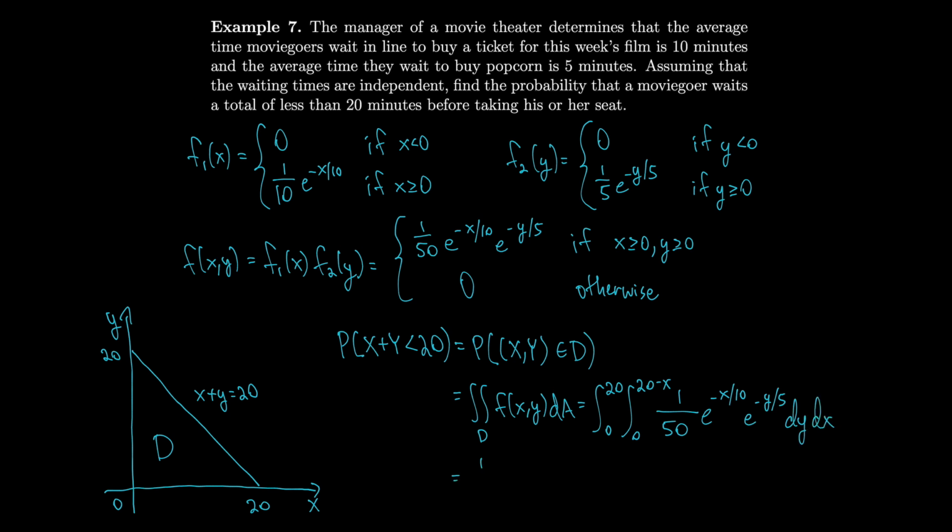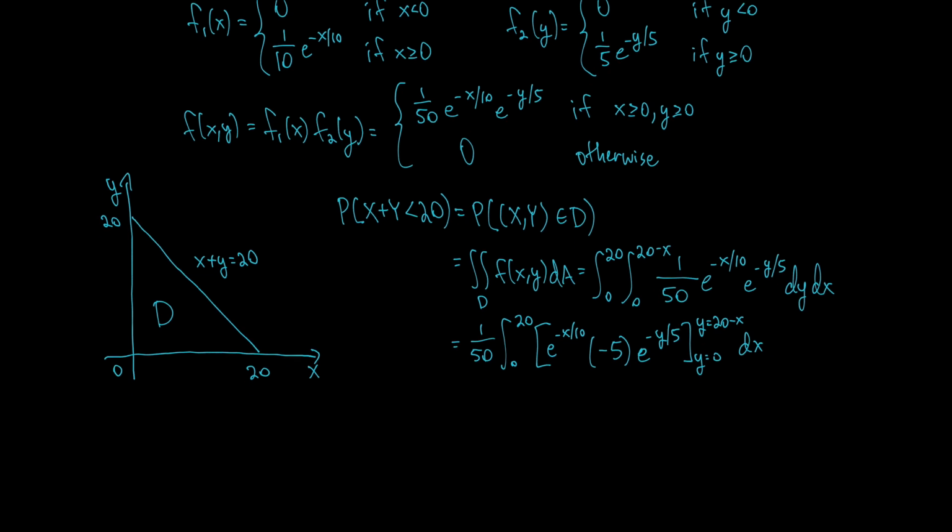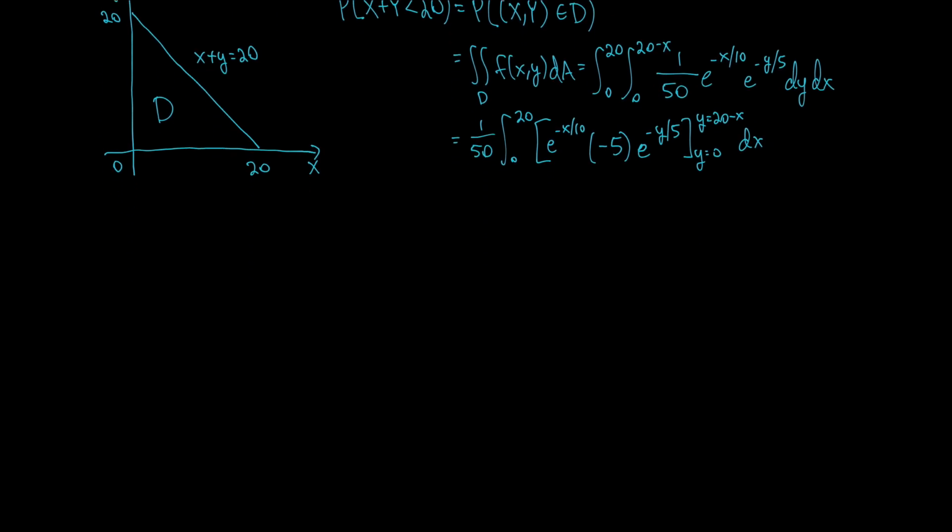So that's 1 over 50 times the integral from 0 to 20 of e to the minus x over 10 times minus 5 e to the minus y over 5. And we evaluate this from y equals 0 to y equals 20 minus x. So let's keep going.